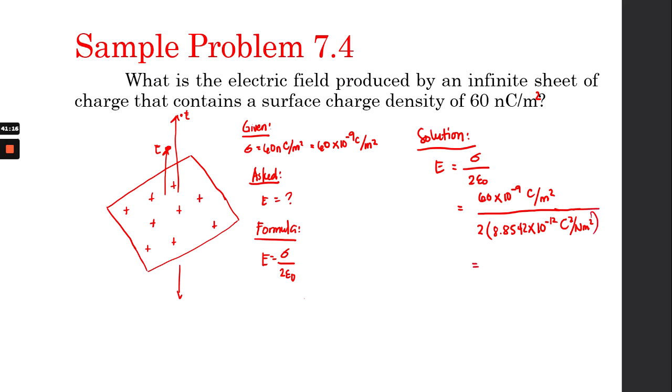That is equal to 3,390 newtons per coulomb. So that is the electric field due to this infinitely charged, massive plate. As you can see, the distance of where you want to find E does not matter, because the formula that we derived does not care about the distance. So this is much easier to find. I hope that is clear.